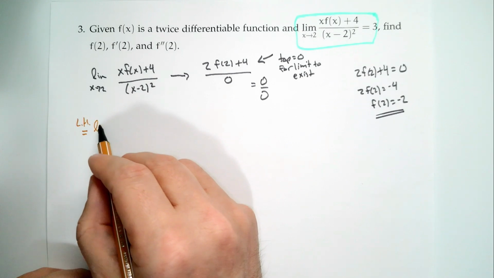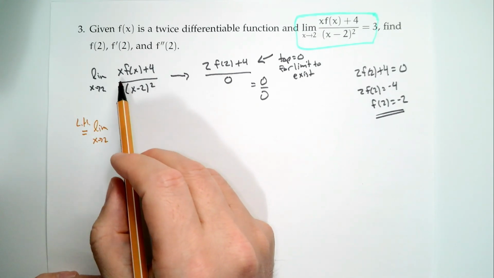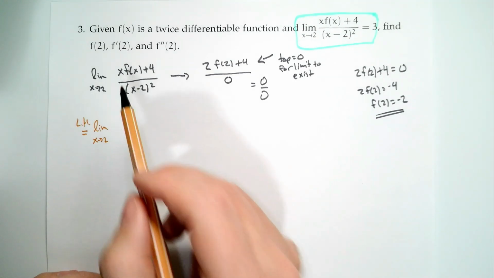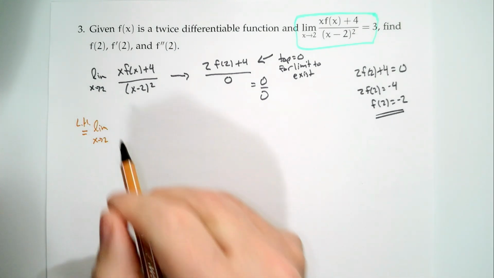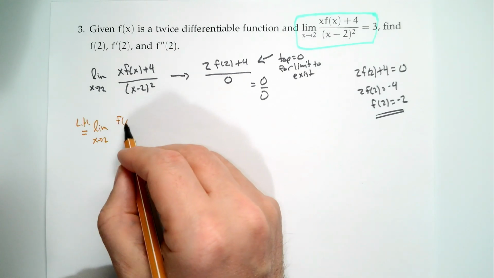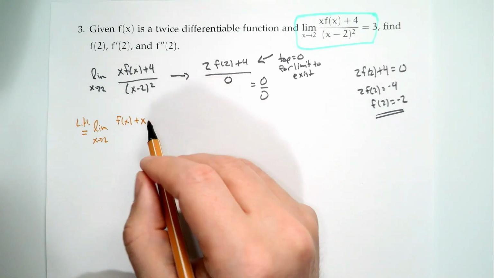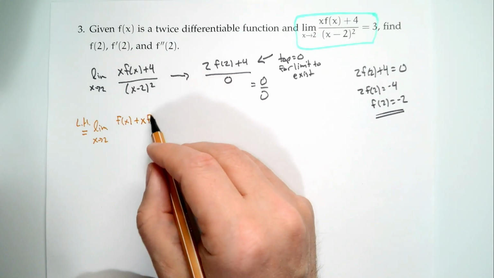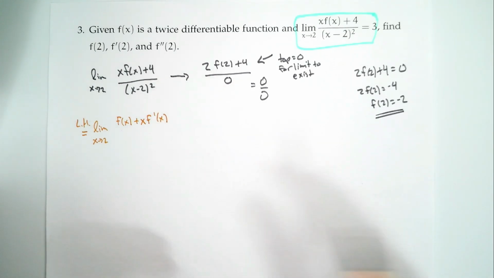So limit as x goes to 2, derivative of the top, x f of x. What rule do you need to take the derivative of x times f of x? Well, we need the product rule. So derivative of the first, that's 1 times f of x plus x times the derivative of f of x. Well, we don't know what f of x is, so we just write f prime of x. And the derivative of 4, 0.